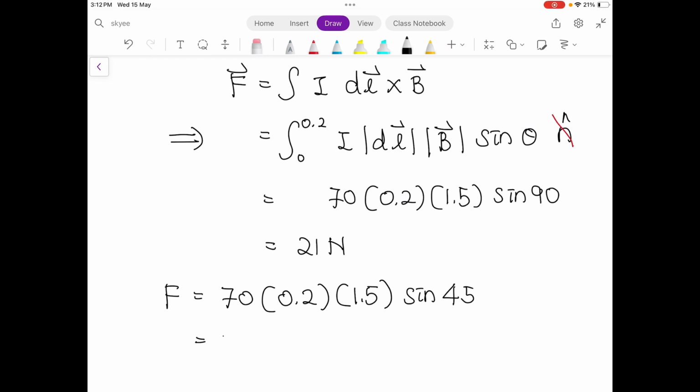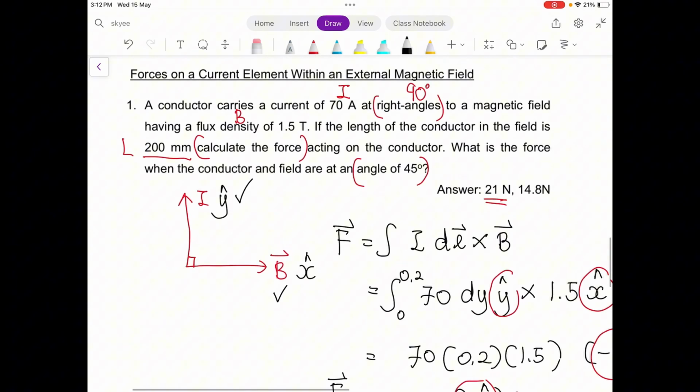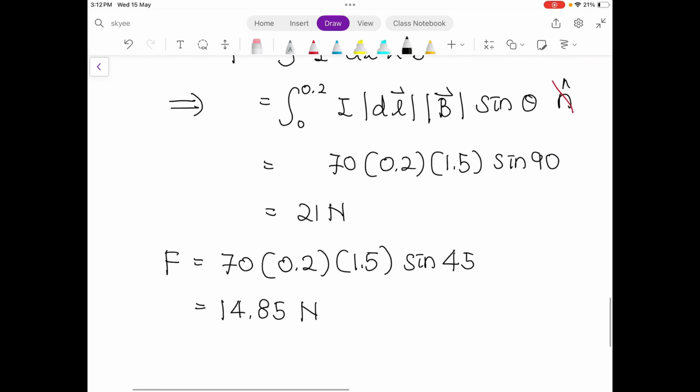So it's 14.85 Newton, something like that. This will be the force.